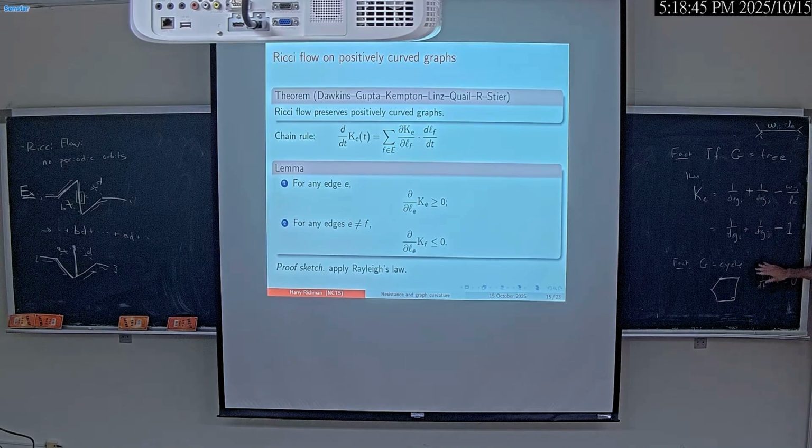If we run Ricci flow on the cycle, all of these edges will have positive curvature, and so under Ricci flow it will shrink, but it will shrink just under some global scaling factor, and the curvature will not change. So trees and cycles all satisfy this property. I don't know if there are any other examples, but I'm guessing there could be.